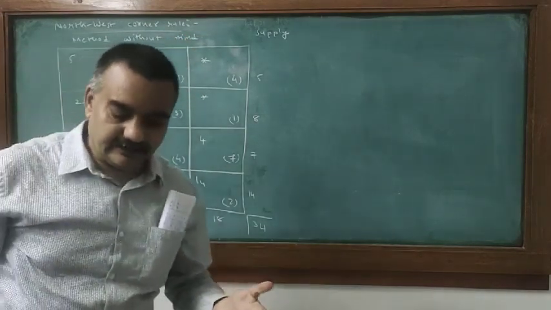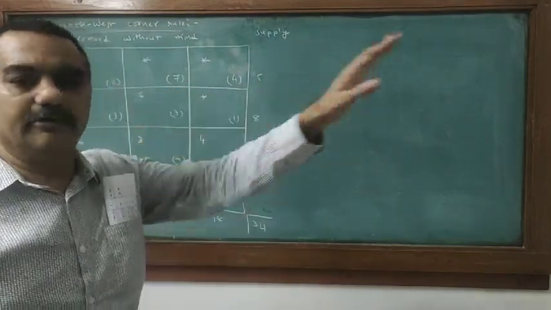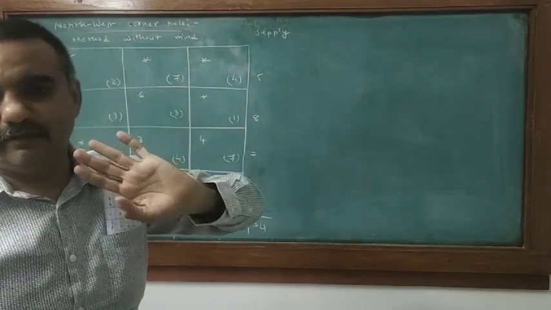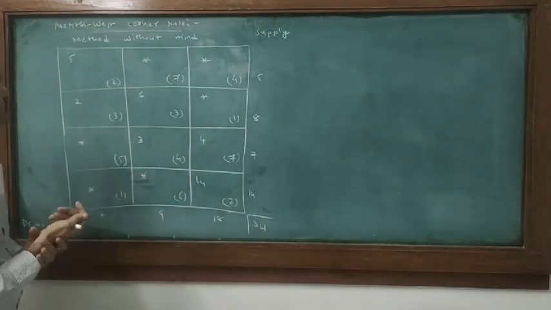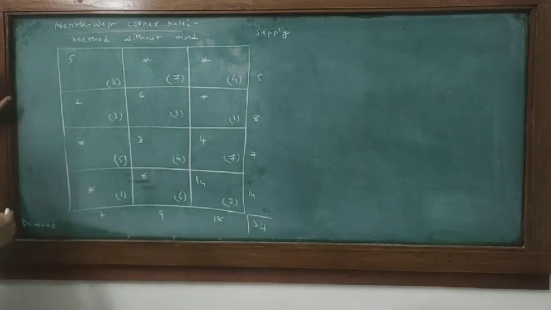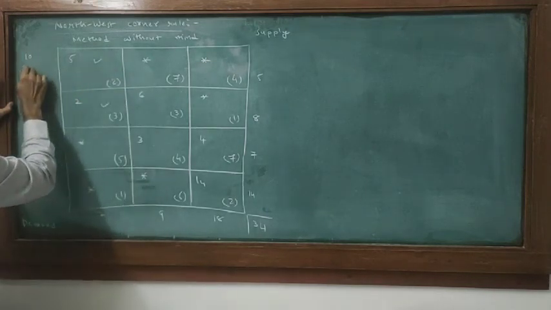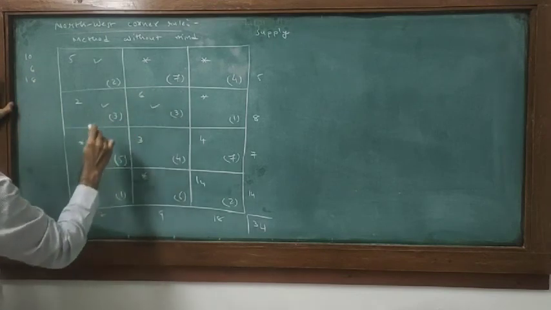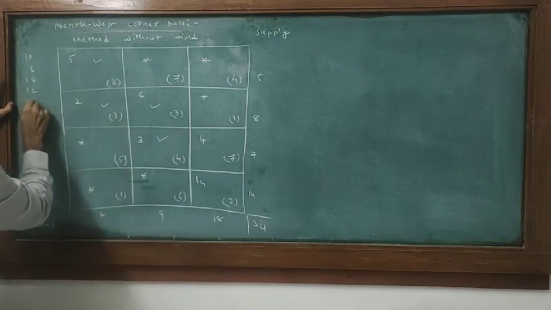We are not using any type of strategy there, and though I am saying that it is a method, what will be the cost of transportation? 10, 6, 18, so 28.